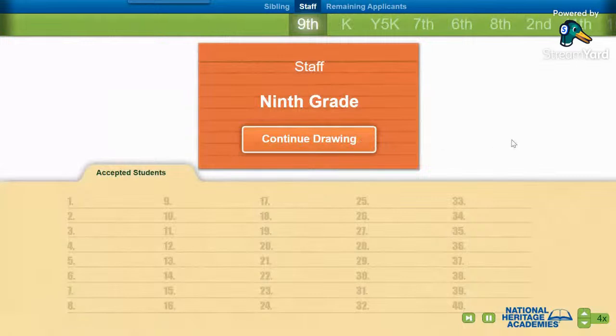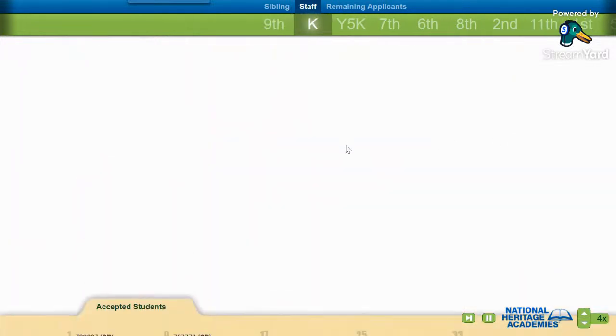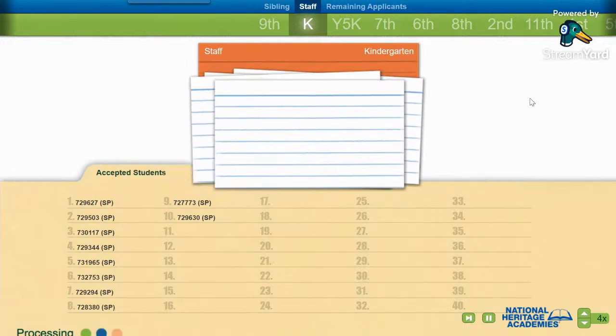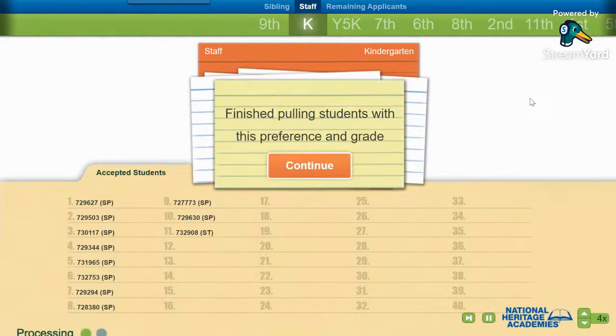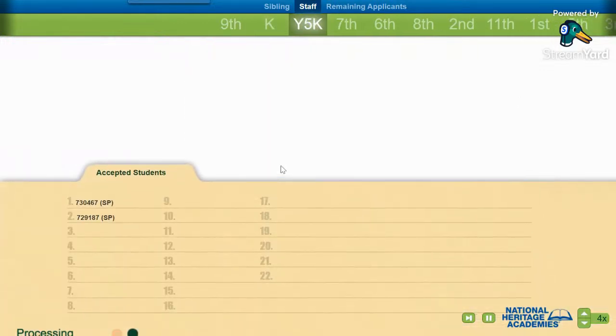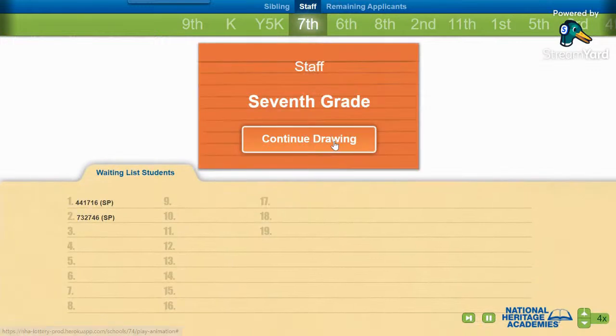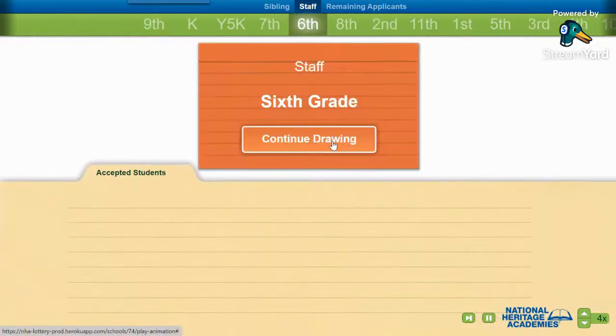Okay, now we're moving to staff member preference. These are applicants who have a parent or legal guardian who is a member of our staff. None in 9th grade. In kindergarten, we have 732-908 is accepted. Okay, moving on to Young Fives. None there. None in 7th.